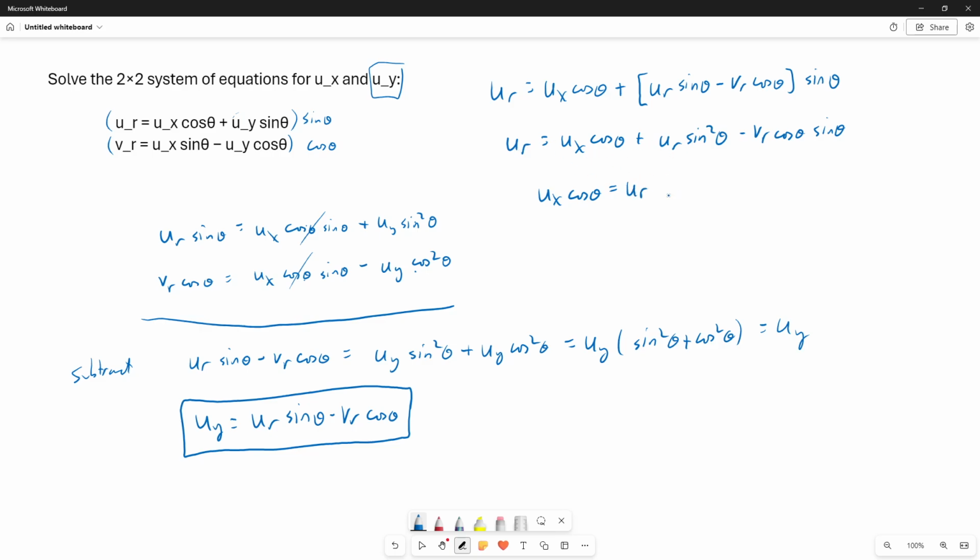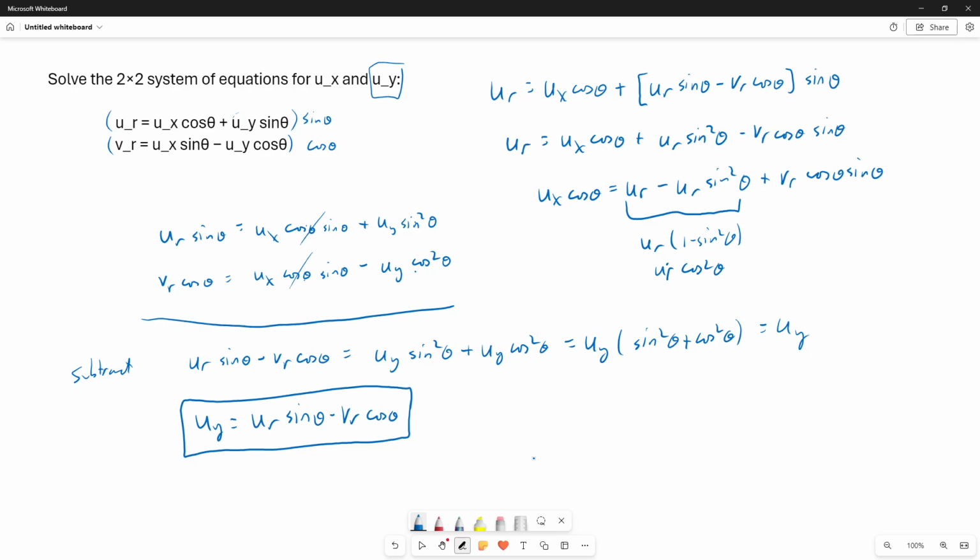Move this one over, so minus u sub r sine squared theta. And then move this one over, plus v sub r cosine theta sine theta. Now here, if we factor out u sub r, it's 1 minus sine squared theta, which is u sub r times cosine squared theta.